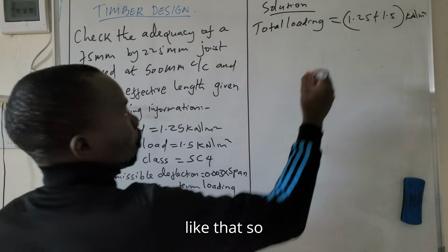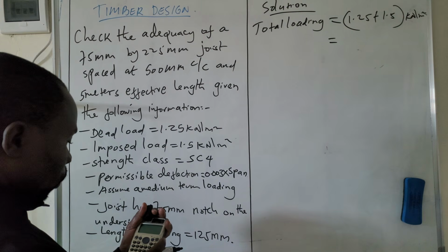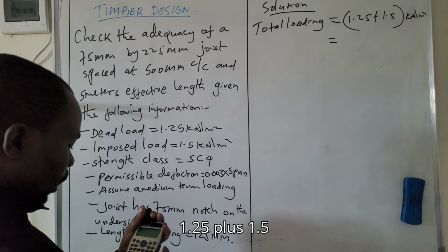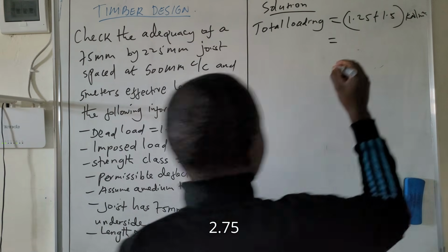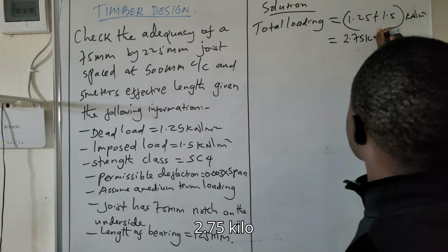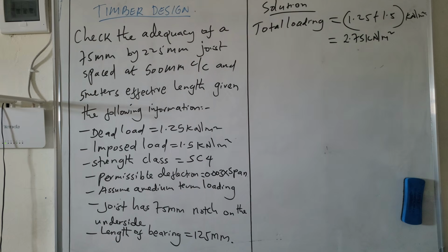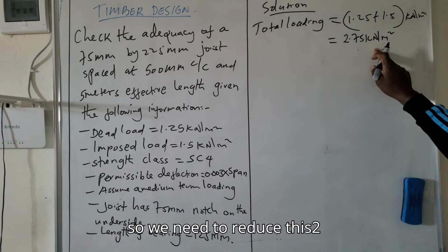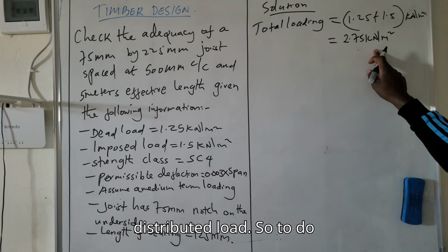So the answer will be 1.25 plus 1.5, 2.75 kilonewton per meter square. So we need to reduce this to kilonewton per meter to obtain a uniform distributed load.